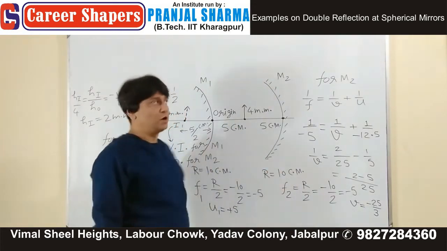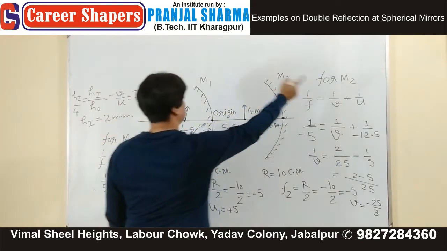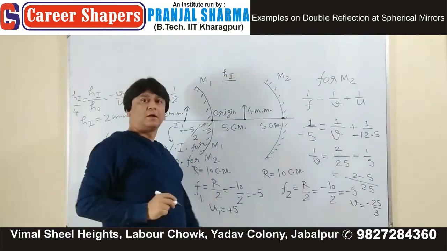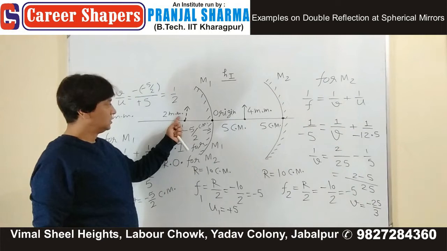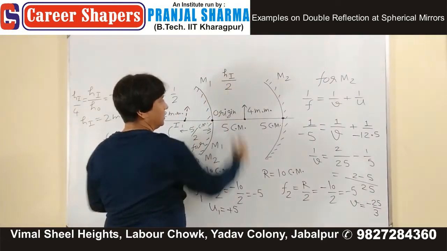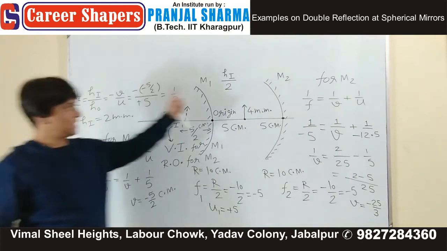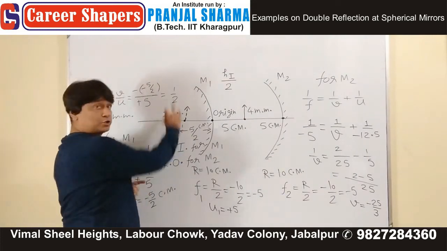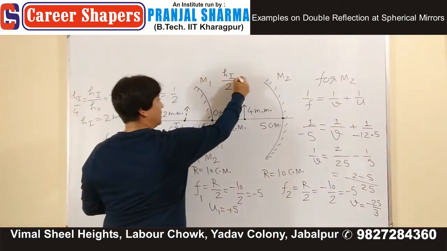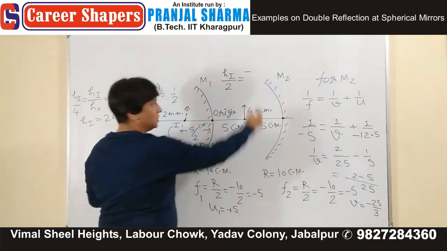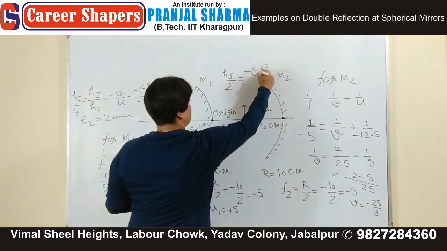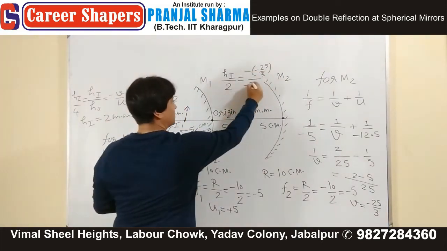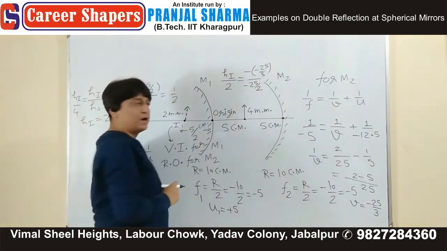Let's see the orientation part also. For M2, HI upon HO, this is HO, 2 mm. I'm using this formula, remember, directly for M2. HI upon HO, HO is 2, plus 2 above the principal axis, equals minus of V divided by U, which was minus of 25 by 2.